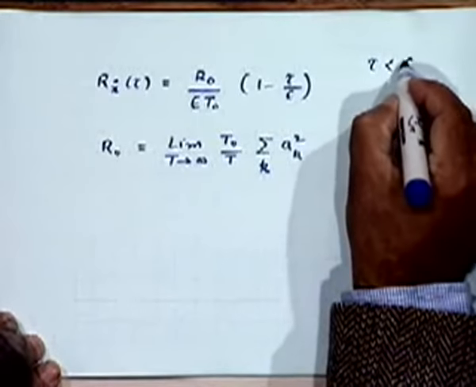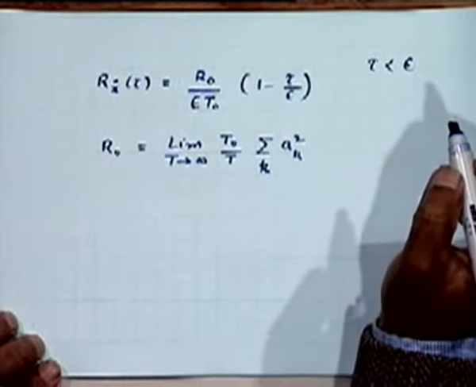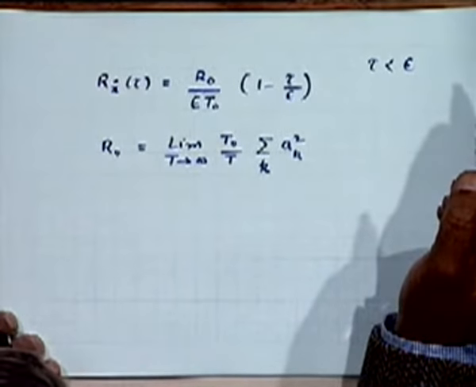So I hope this expression is fine. We can proceed further then. In order to proceed further, the first thing we would like to notice is this expression has been obtained under the assumption that tau is positive and less than epsilon. And we already discussed it's an even function of tau. Autocorrelation function is an even function of tau.